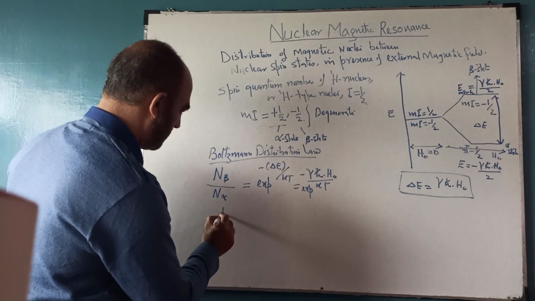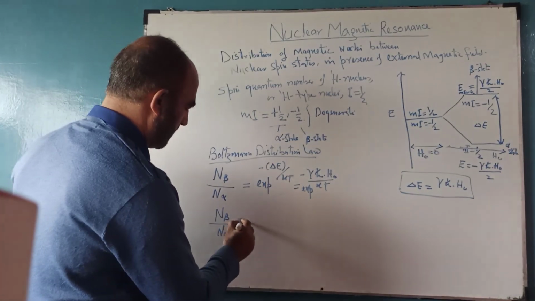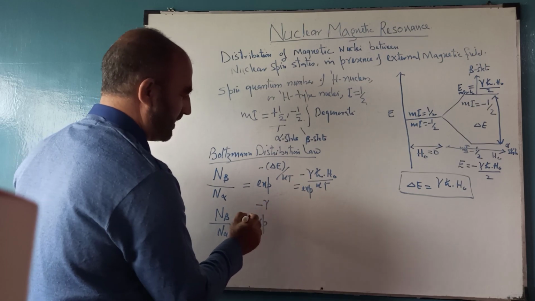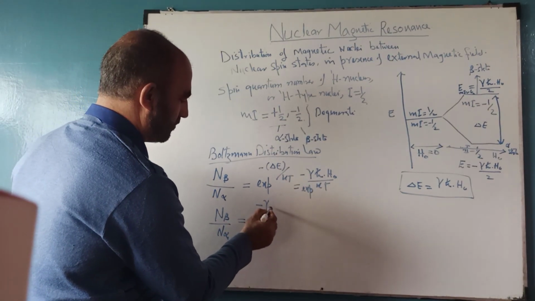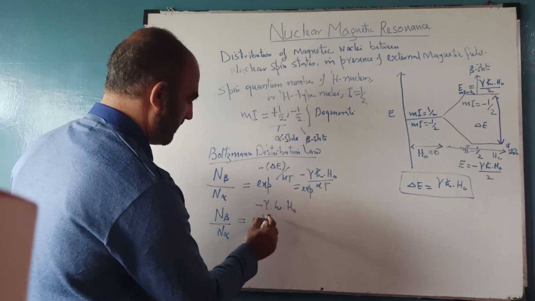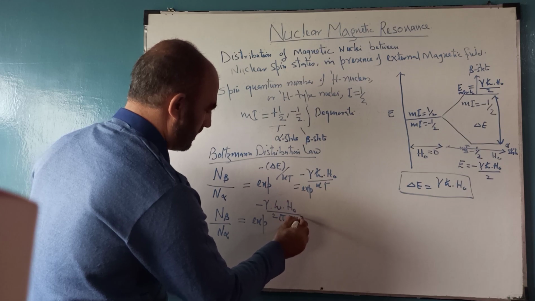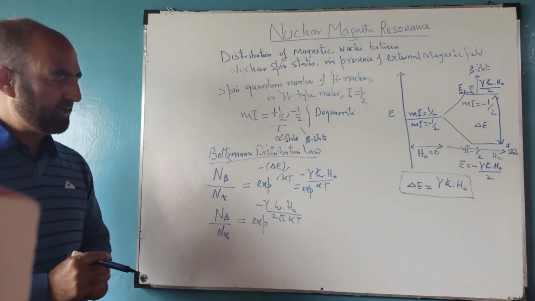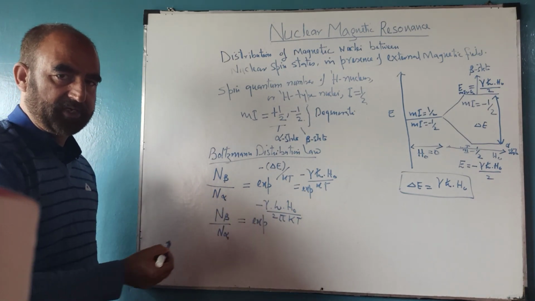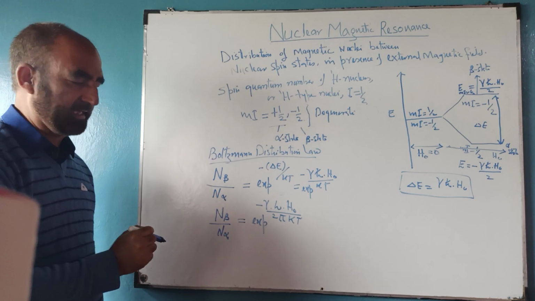Or I can write it like this: the population ratio between the two states is given by exponential minus gamma, h bar is h by 2 pi, so I write here h, H naught being the magnitude of the magnetic field, divided by 2 pi kT. Where gamma is the gyromagnetic ratio, h is Planck's constant, H naught is the magnitude of the applied field, and K is Boltzmann's constant, and T is temperature in Kelvin.